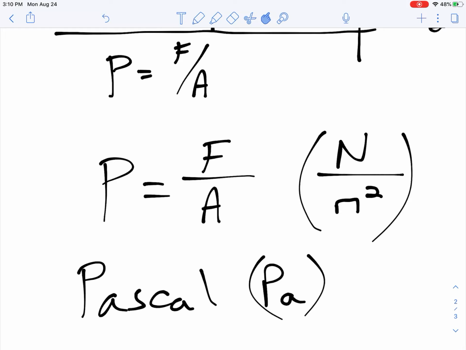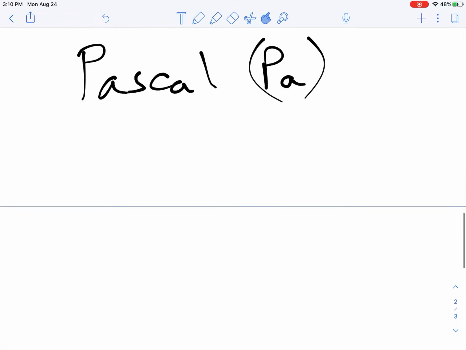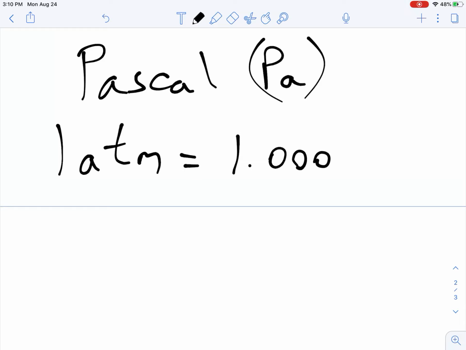All right, another unit you will hear is the unit of atmospheric pressure, or 1 atmosphere. 1 atmospheric pressure is equal to 1 times 10 to the 5 pascals. Most of the time we're going to call it that. Depending on your precision, you might need to extend out all the zeros.